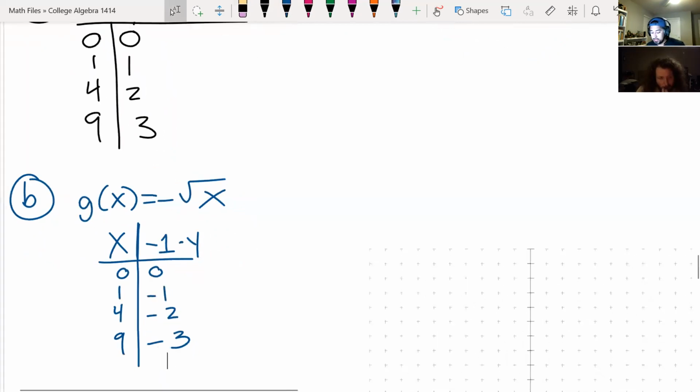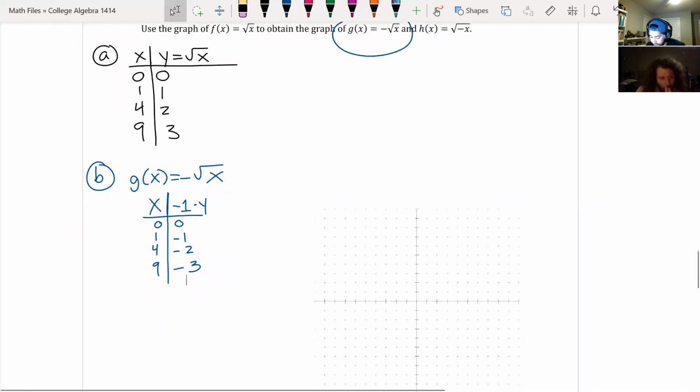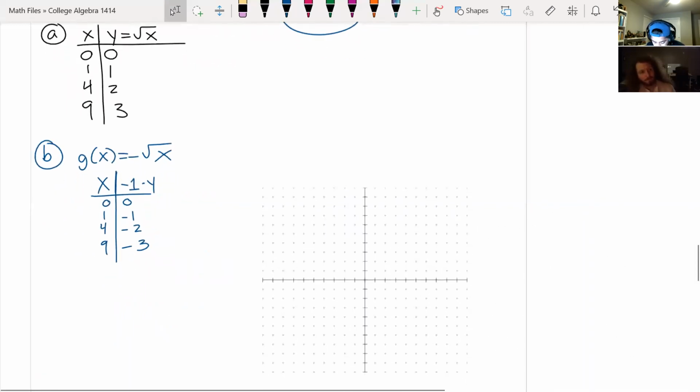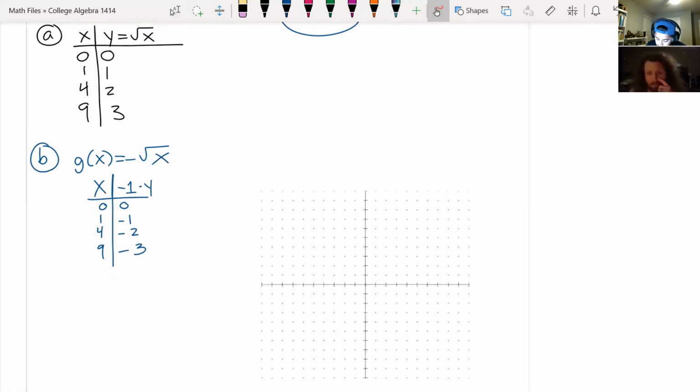And let's see what that looks like right now. Let's go ahead and graph what we have. So here you'll have 0, 0, 1, 1, 4, 2, and then 9, 3. There's the square root of x.